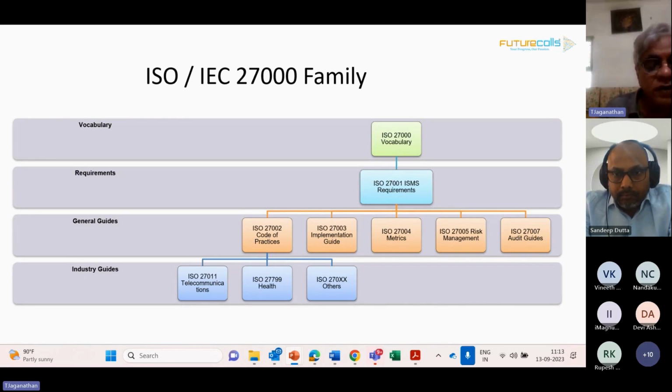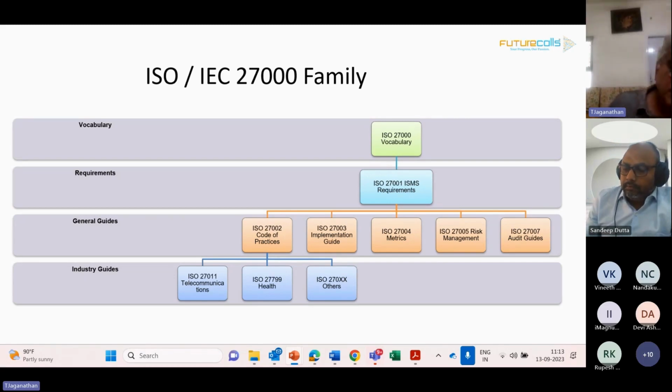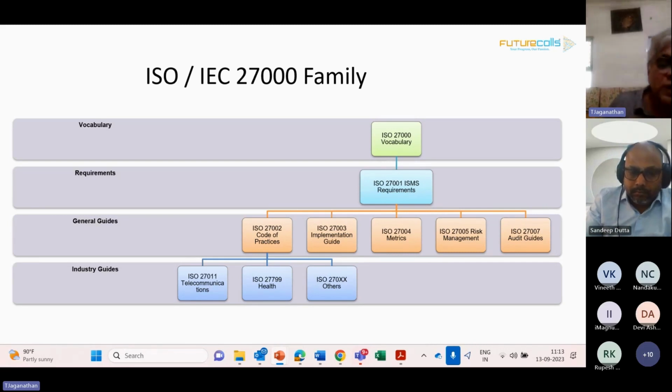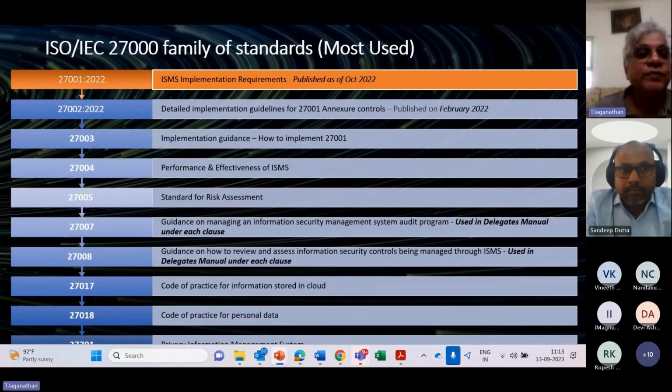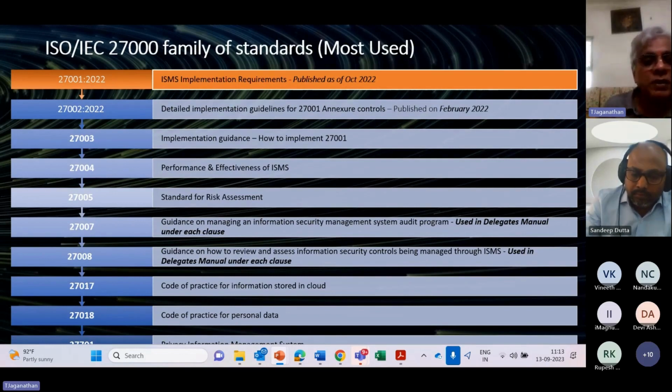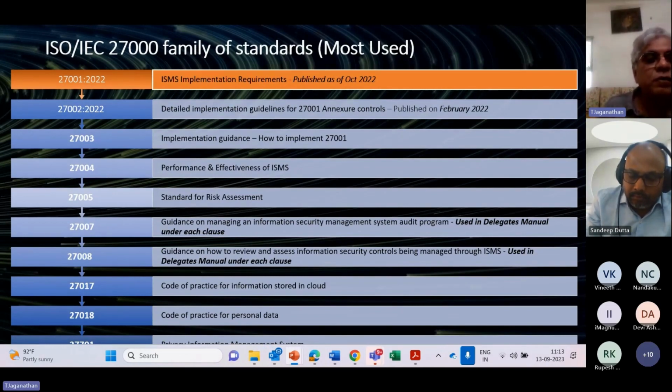And as I said, industry specific standards are telecom 27011, and health sector, if you're in a hospital or processing healthcare data, then 27799. There are a few other sector specific ones. I haven't come across any requirement for even these two, but they are there. These are some of the important 27000 family standards.